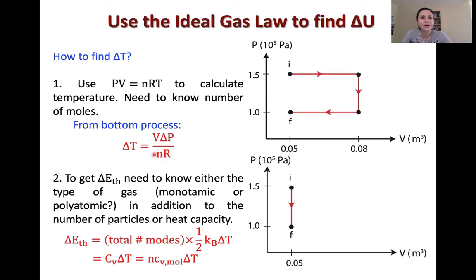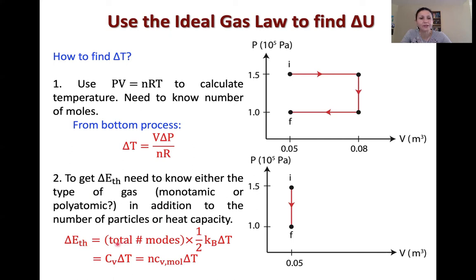Okay, so now how do we go from knowing delta T to knowing delta U, which is really delta E thermal, a change in thermal energy? So we need to know what type of gas, monatomic, polyatomic, or the number of particles, which is really the number of moles. Or you can write it in terms of the heat capacity.